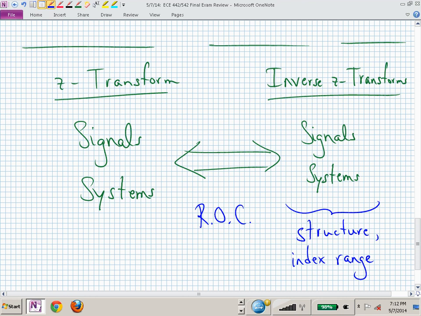It can't be disconnected. If it's annular, what kind of indices are we looking at? It's two-sided. And then the other one that we didn't talk about is the opposite. If your region of convergence is interior to all of your poles, then it's a negative index sequence. Is that clear?